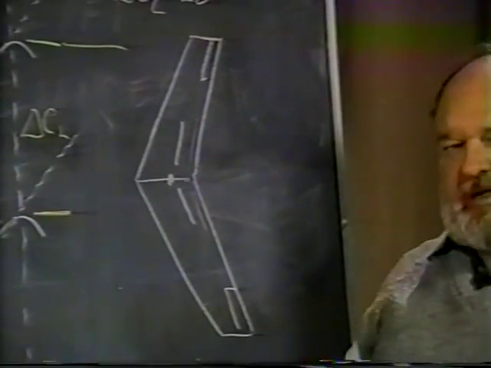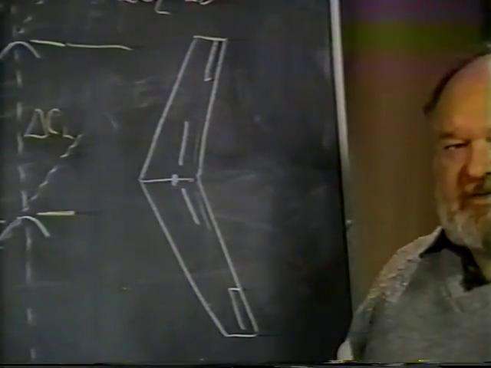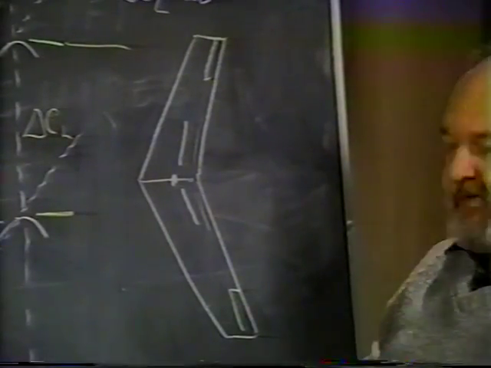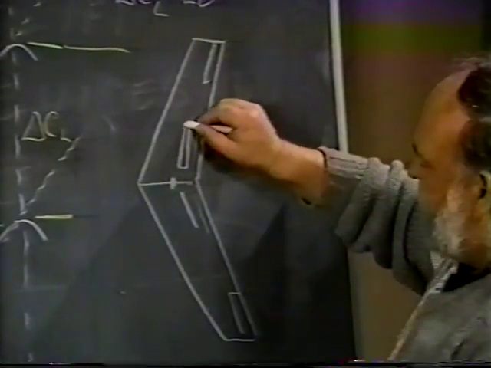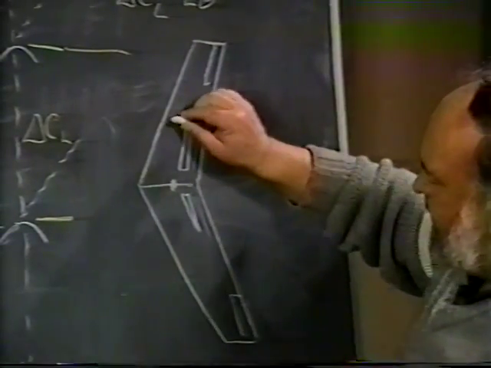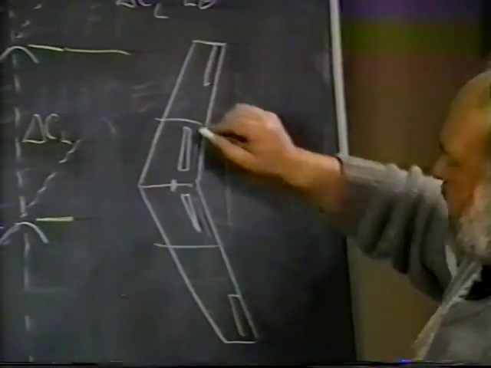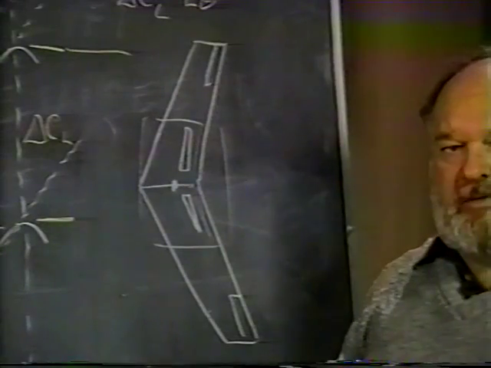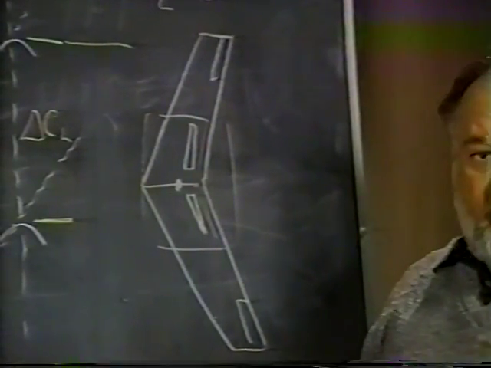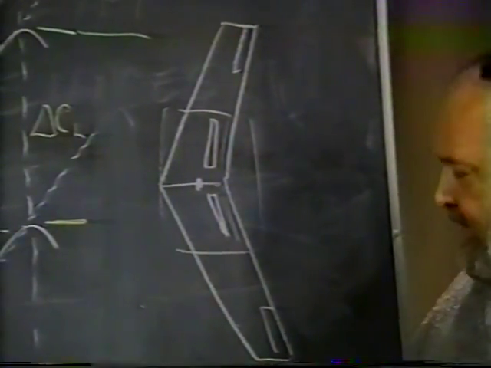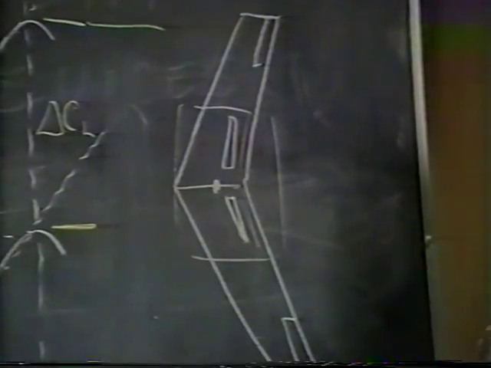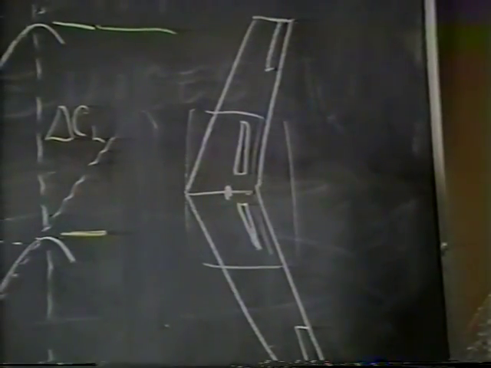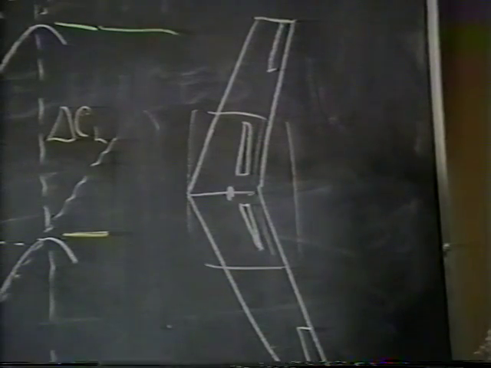I don't remember the exact numbers, but I think the hinge line was somewhere around the 60 or 65% chord. And by deflecting the flaps down in here, they got an increase in CL in this region of the wing with minimum pitching moment changes, and ones that they could tolerate. But no way could you put large trailing edge flaps on a flying wing way in the back, single slot or something like that, and try and deflect it.